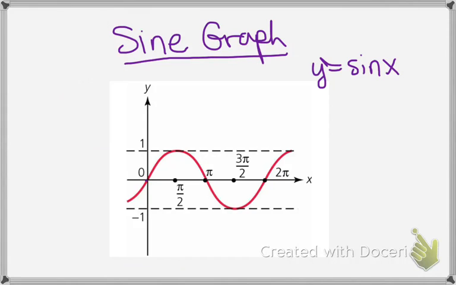To start the cycle, which in this case would be this point right here at the beginning, this point here at 0, 0. We also have then the highest point, this point up here at the top, and then back down to 0, so this point in the middle, back down to the lowest point, and then back up to the middle.